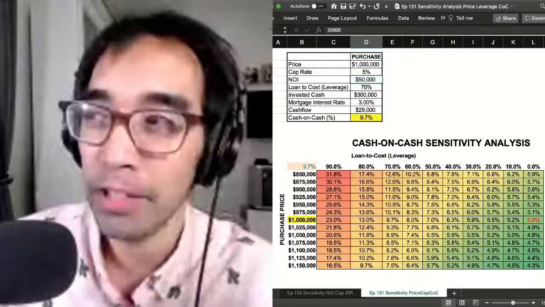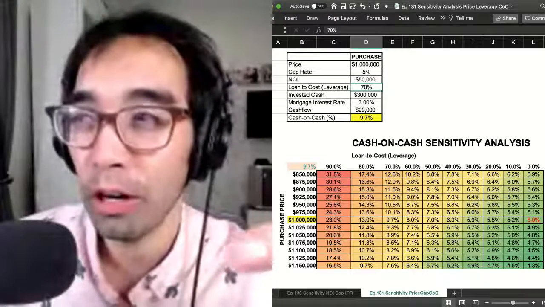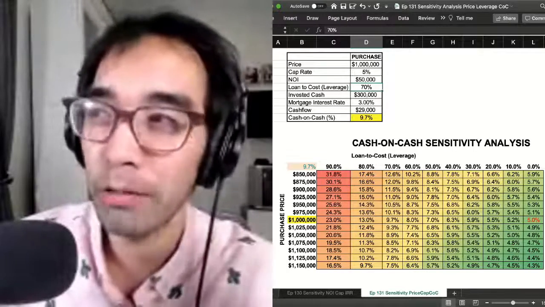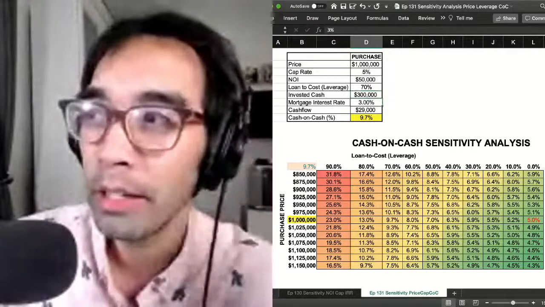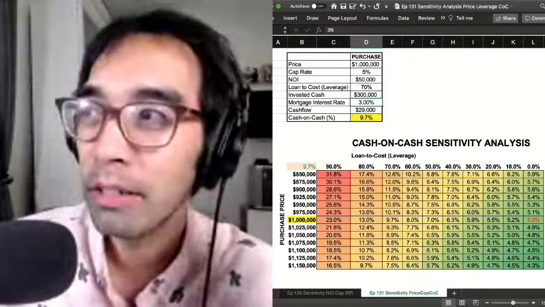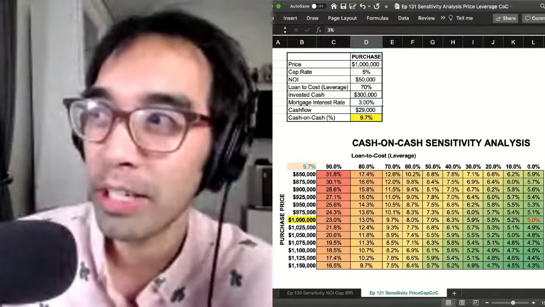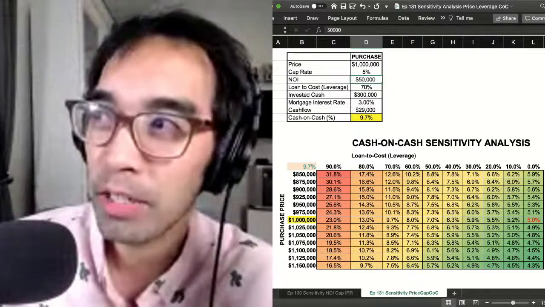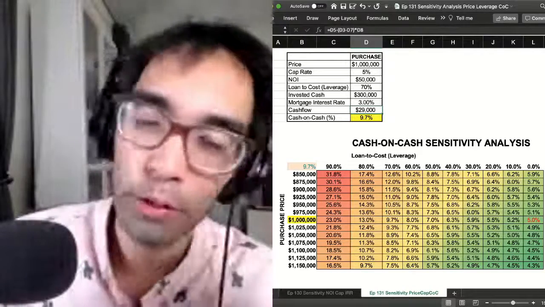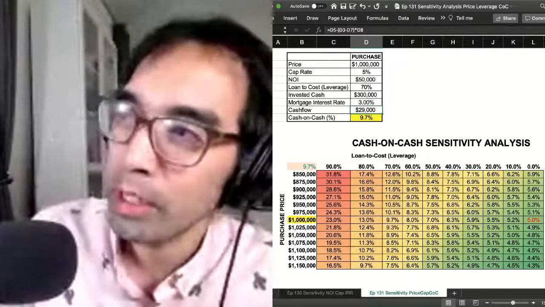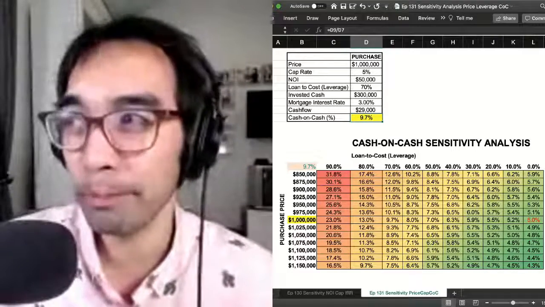And you're going to do 30% down, which would mean that your loan to cost is 70%, or your leverage is 70%. So you're putting in $300,000. Interest rate on the mortgage is 3%, which is $21,000 a year of interest, which means that your cash flow is $50,000 minus the $21,000 equals $29,000. We're going to assume the mortgage is interest only, and that gives you the cash on cash of 9.7%, which is what we showed yesterday.